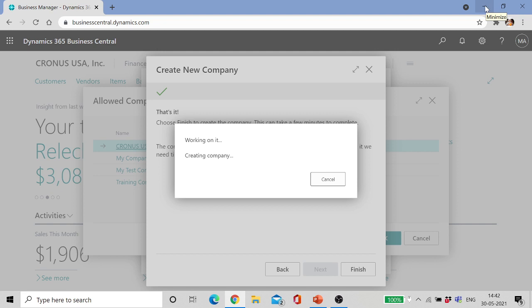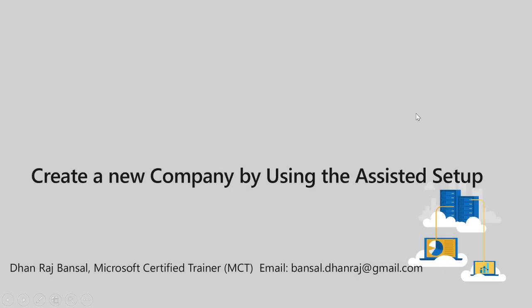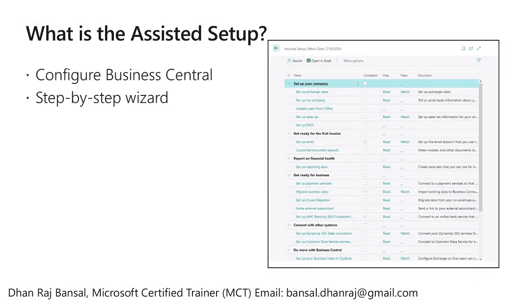We will talk about configuration part and data migration also. So back to the presentation part. If we talk about what is assisted setup, it is a setup for configuring Business Central.